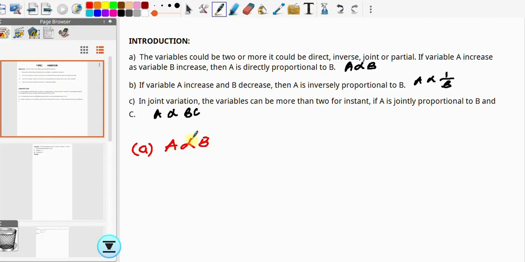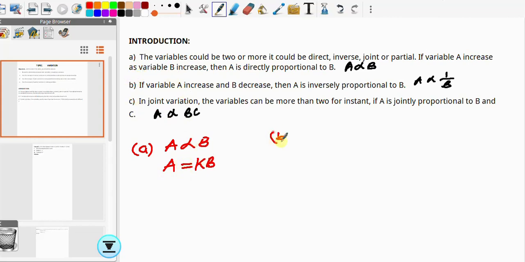You will introduce an equal sign and a constant. Now, A will be equal to a constant times B, right? When you introduce a constant K into it, it will become this.